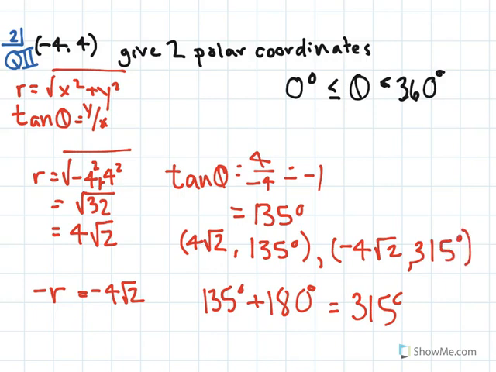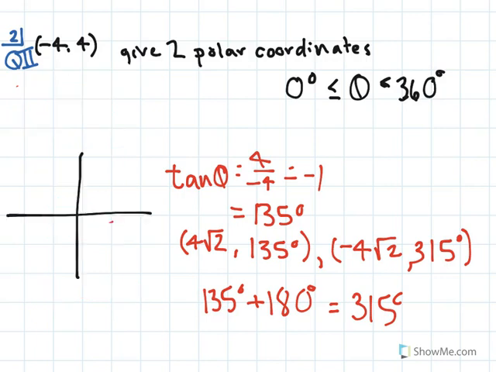So let's get a visual of that so we can see how those points are describing the same spot. With our first point, (4 root 2, 135 degrees), our ray of 135 degrees would happen over here in quadrant 2, and we would move 4 root 2 units away from the origin. So we would have a point approximately there.